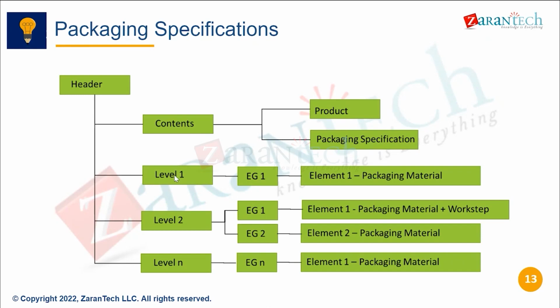Then you will have the level, in how many levels you have to do the packaging. Like you can see, now I got 10 pieces of shirts. We have to pack those into cartons, and we can put only three shirts in one carton, so you have to create three cartons.